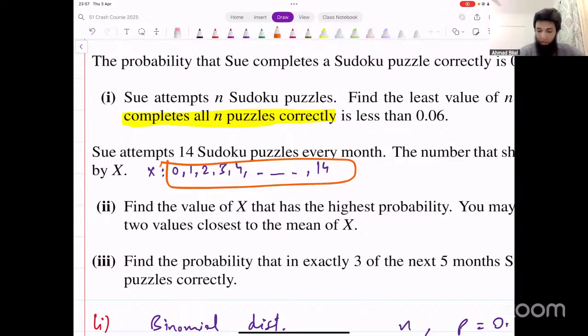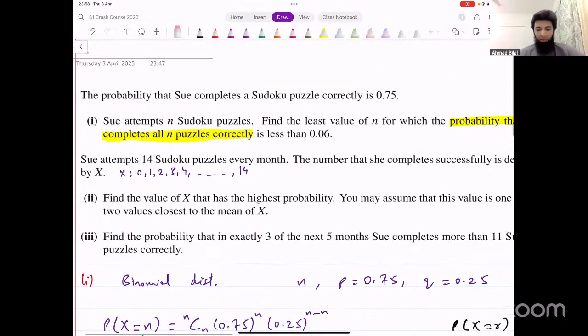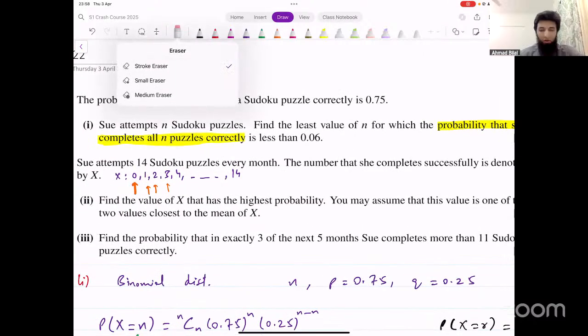Now, how do you do that? One idea could be to find the probability for each one of them. Find the probability for X equal to 0, X equal to 1, X equal to 2, X equal to 3, all the way up to 14. That will be 15 calculations in total. Too much work for just 3 marks. They've given you a hint.